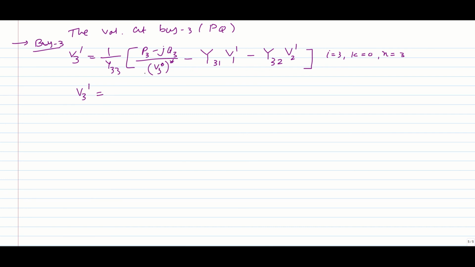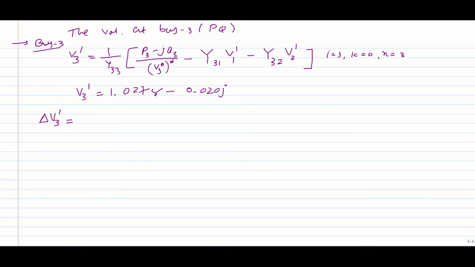V31 is 1.0278 minus 0.020 J. Okay, so the next step is we need to calculate the change in voltage at bus number 3.